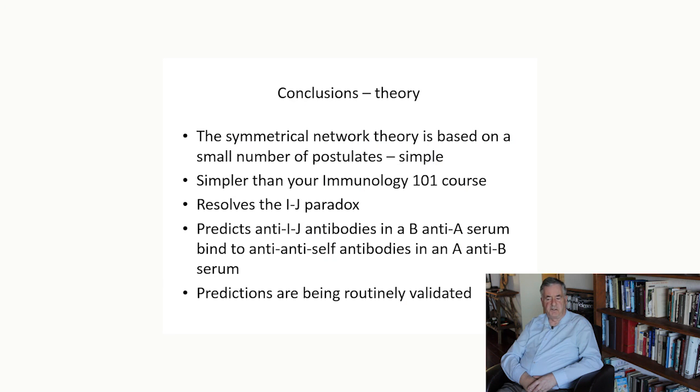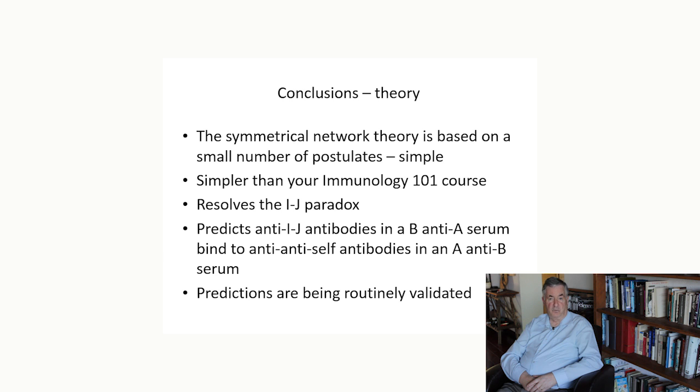So in conclusion, we can say that the symmetrical network theory is based on a small number of postulates. It's simpler than your Immunology 101 course in that regard, where you have to learn a very large number of facts.